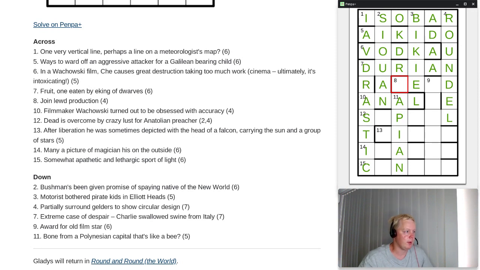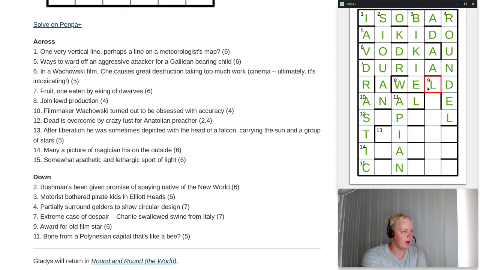So if you put the word lewd in a different order, well, there's only one way to do it. Obviously, it's not going to be this L because it would be the same word. So it's going to be this W and L here. And to weld is to join. So it works as a verb. I don't think a join is a noun. But as a verb it works.